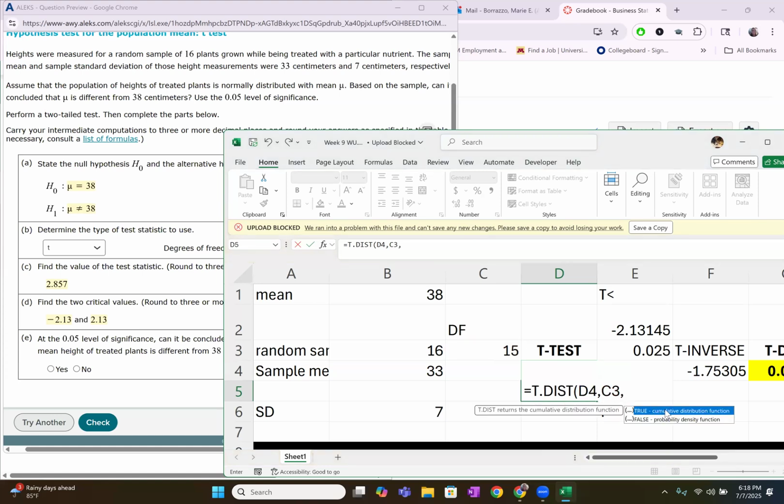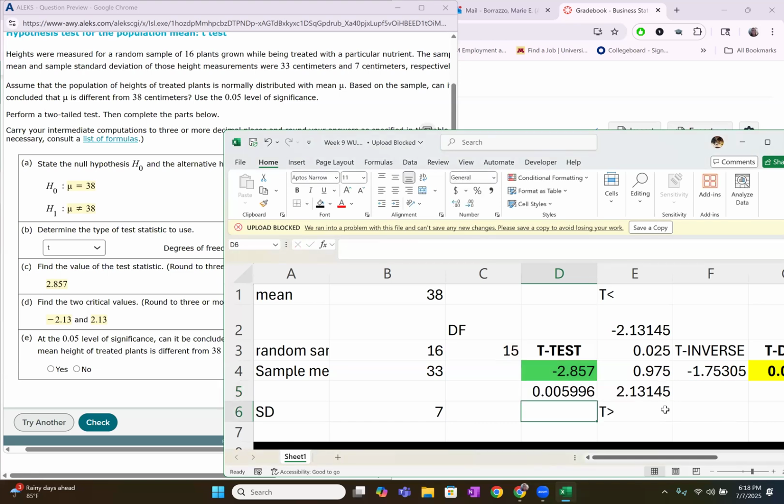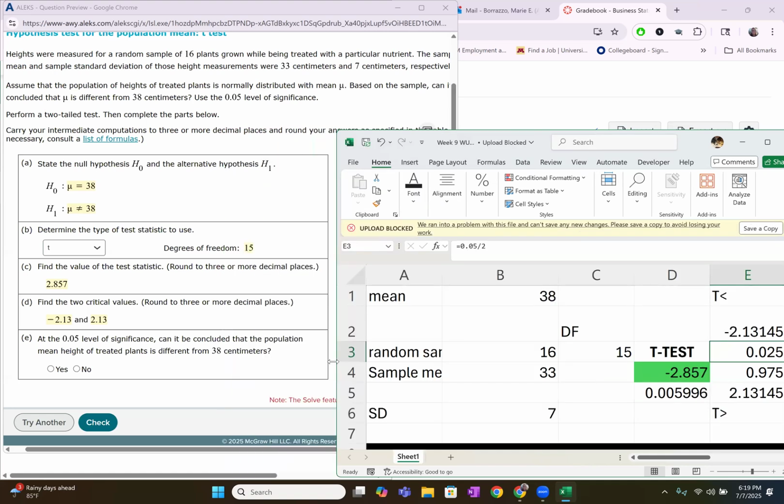We want the cumulative value. Is p less than alpha? Is this p-value less than alpha? Yes. So if we reject the null hypothesis, which is what the conclusion would be here, we would say yes to this, right?